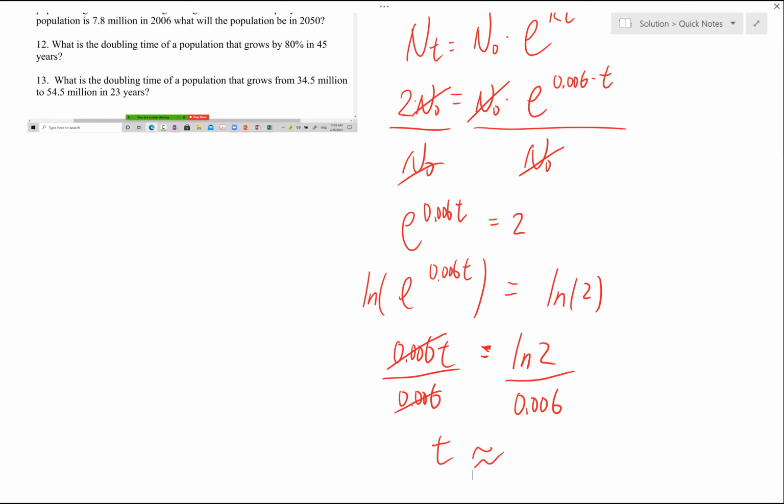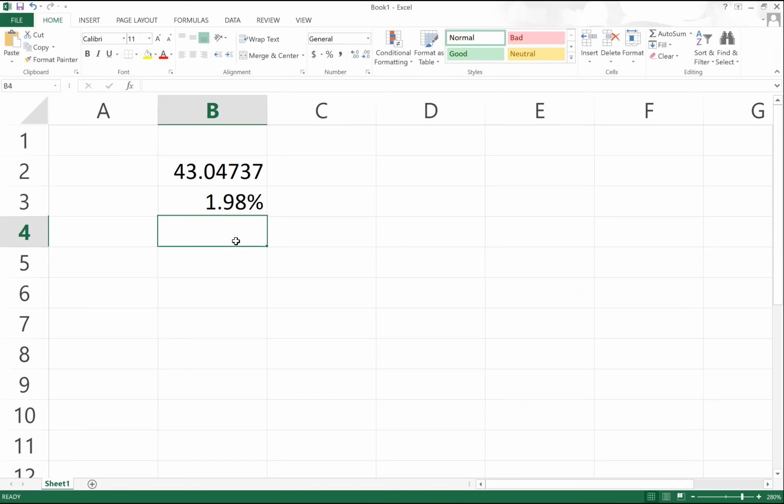And one more time, let me use Excel. So this is ln of 2 divided by 0.006. See what that is, and now you see that it's 115.5 years. So when the growth rate is low, it takes a much longer time to double.